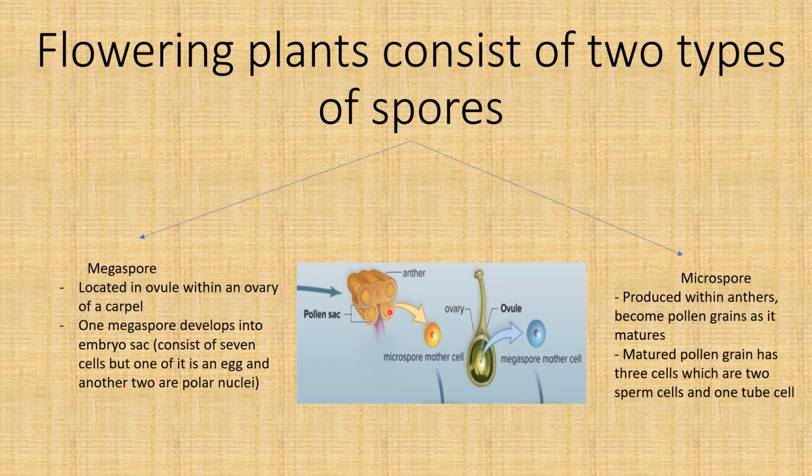These 4 parts are produced within anthers and become pollen grain as they mature. This matured pollen grain has 3 cells, which are 2 sperm cells and 1 tube cell. In this pollen, there are a lot of pollen grains, and they consist of 3 cells, 2 sperm cells and 1 tube cell.